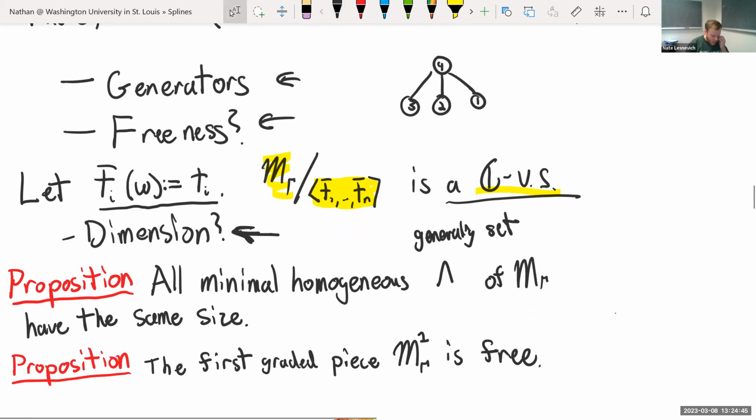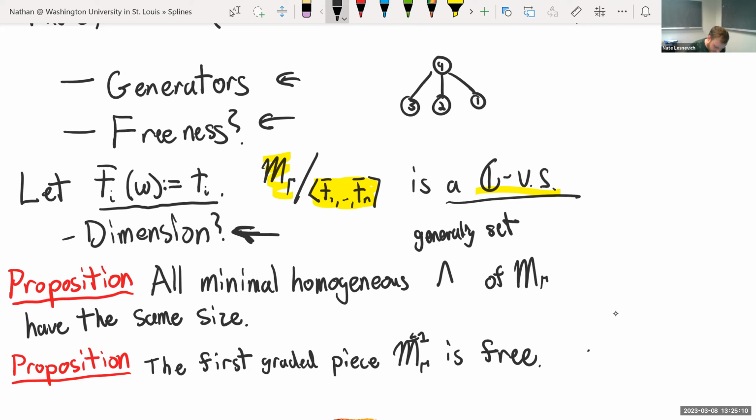And second, the first graded piece of our module M gamma, which I'll write with a superscript less than or equal to 1, or superscript 1. If you take only the submodule generated by linear splines, that module is free.